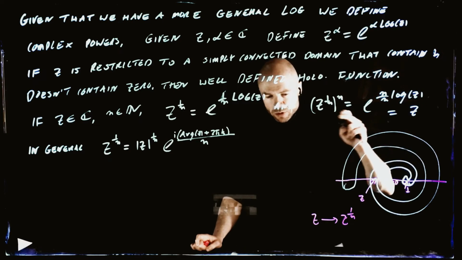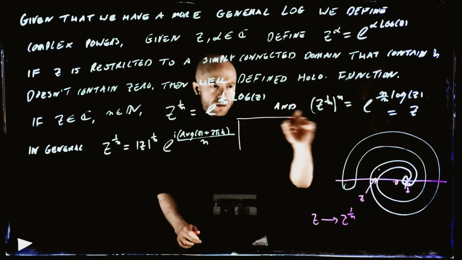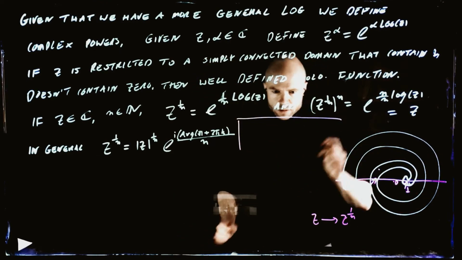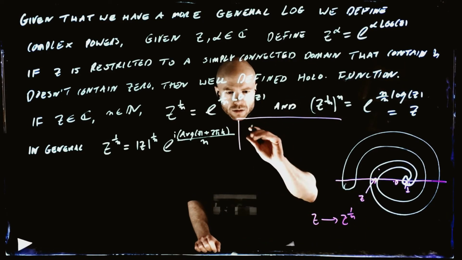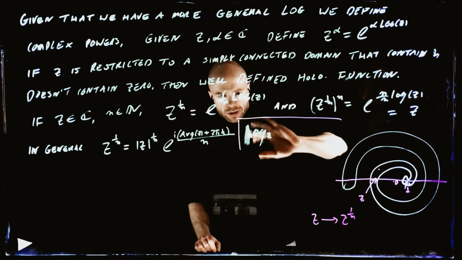So what we did when we looked at this example with complex log, we found that we could just continuously choose the argument, because complex log is kind of easy. Complex log in its general form is like this.